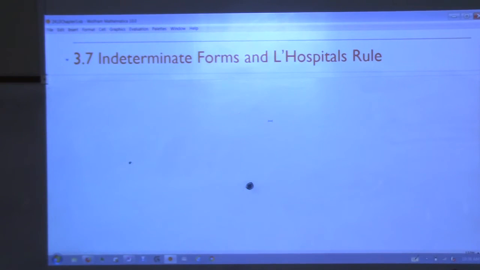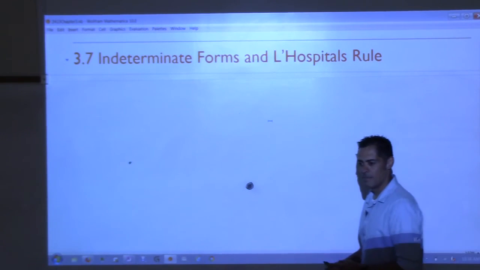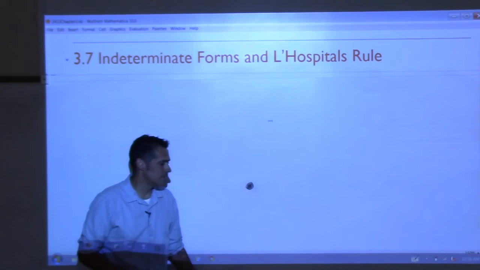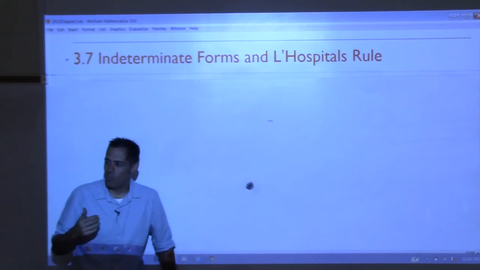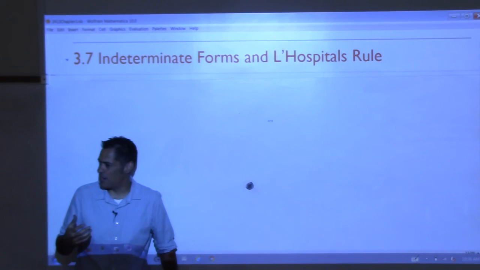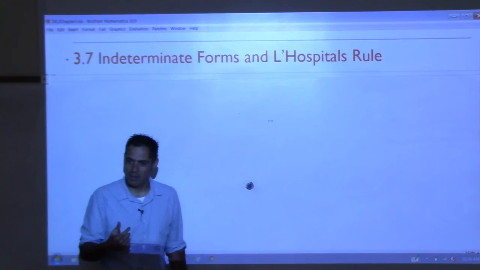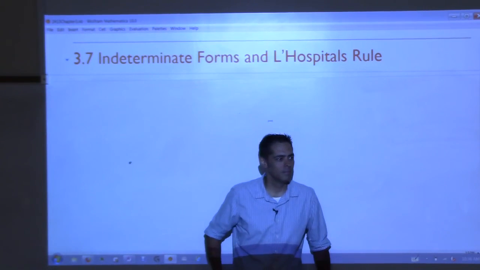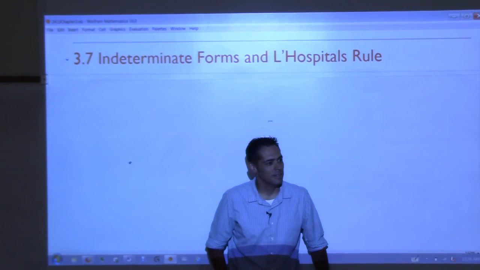Okay. So philosophically here, I want you to think about this because there is an answer to this. Why torture you in the beginning with all of this stuff? Why not give you L'Hopital's rule earlier? Because we didn't know the derivative. That's exactly right.